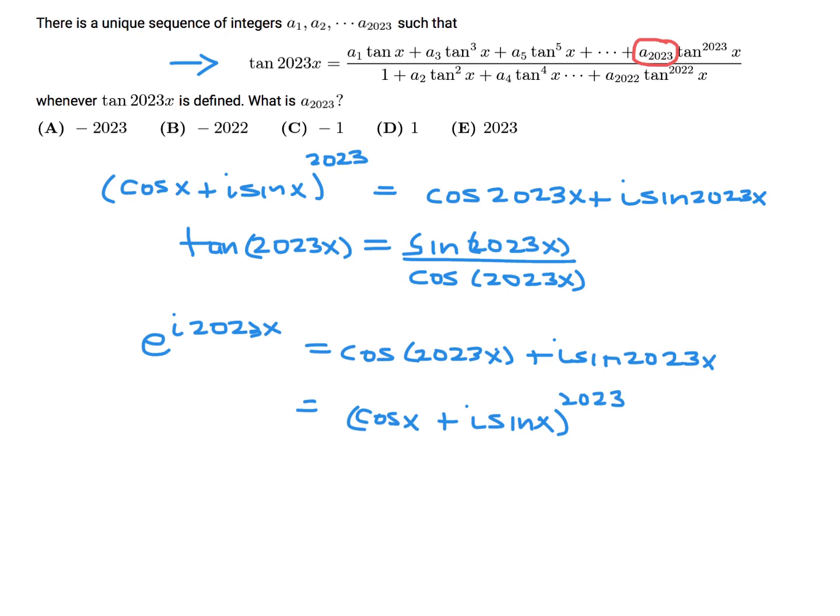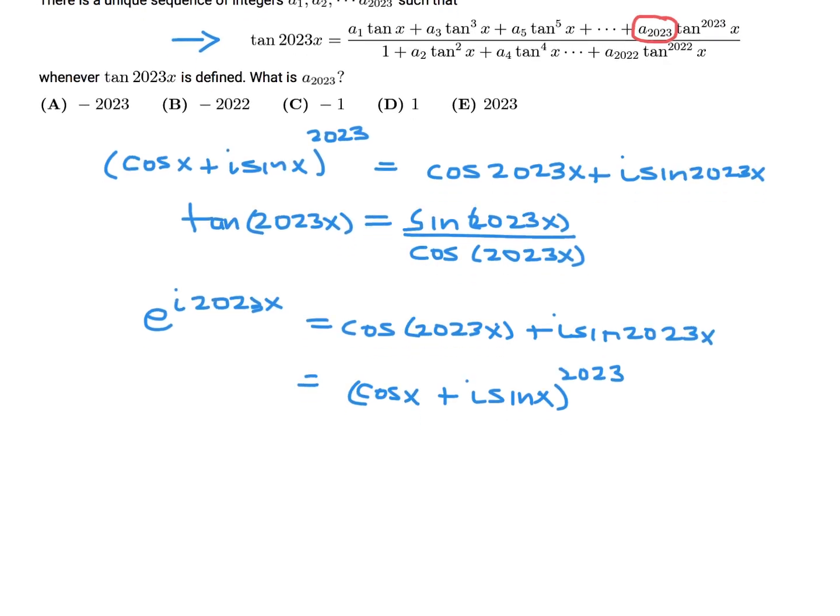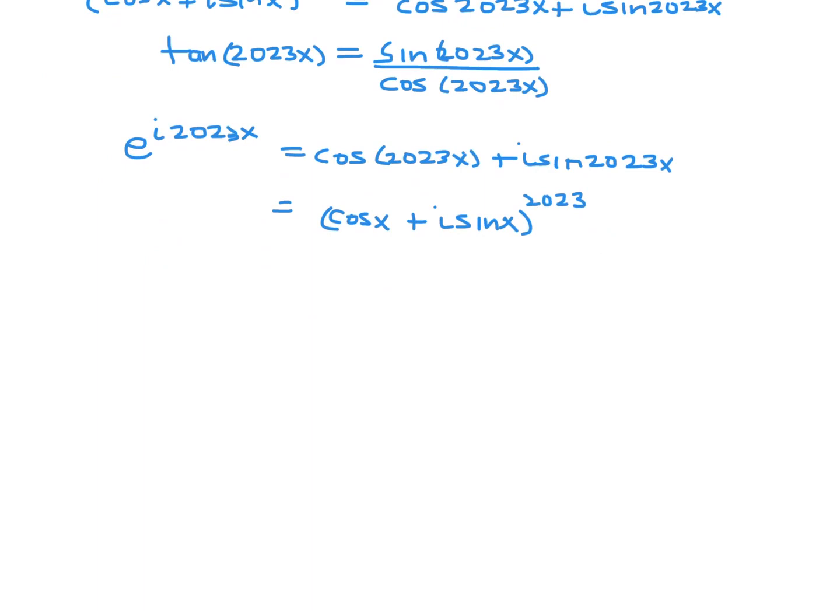Okay, so now let's expand it and see what happens. This is going to be 2023 choose 0, cos of 2023 x, and then plus dot dot dot.